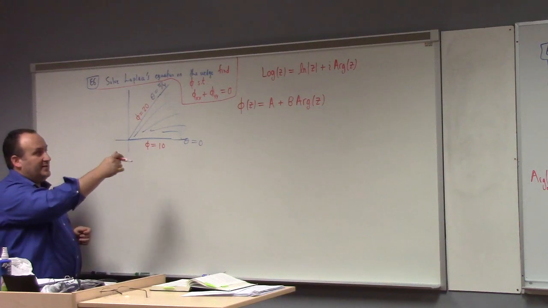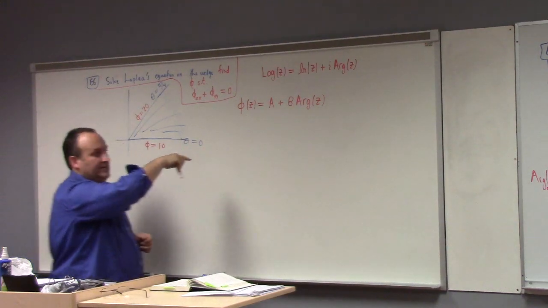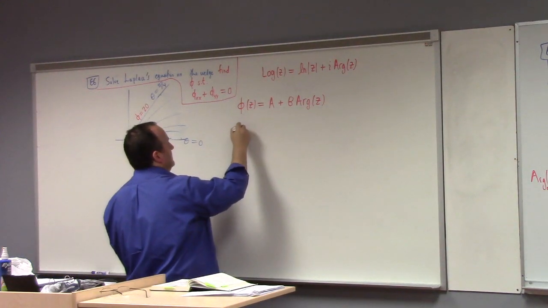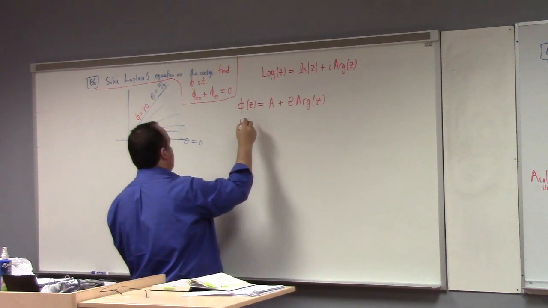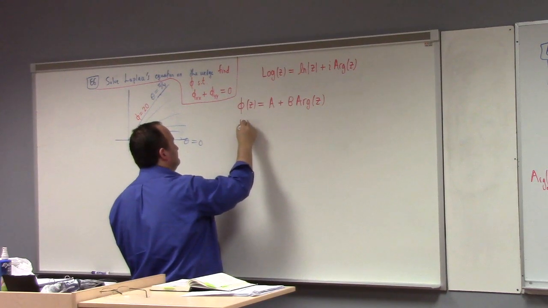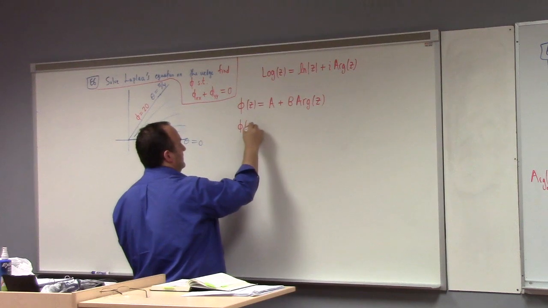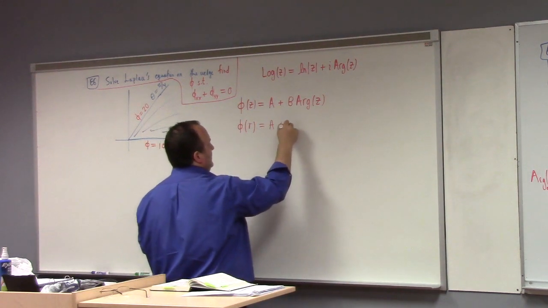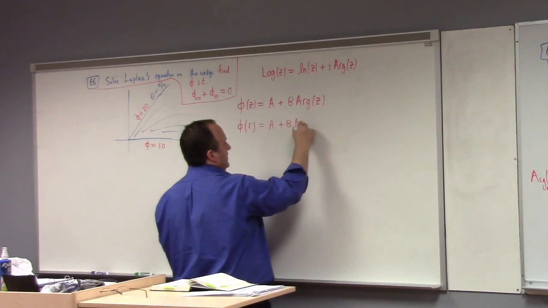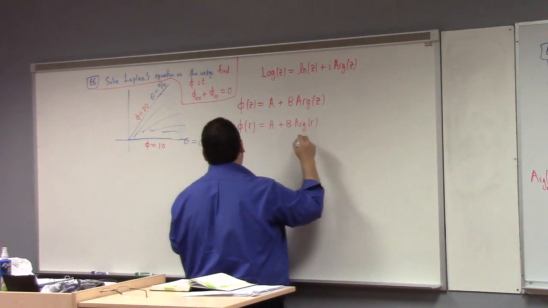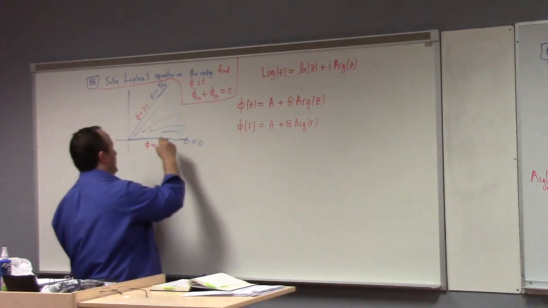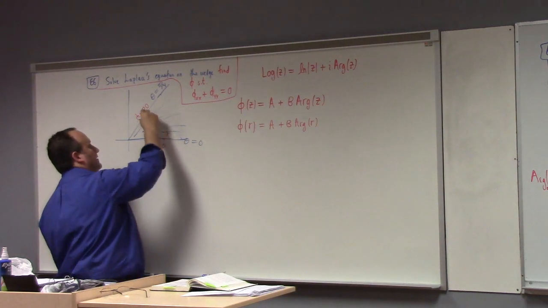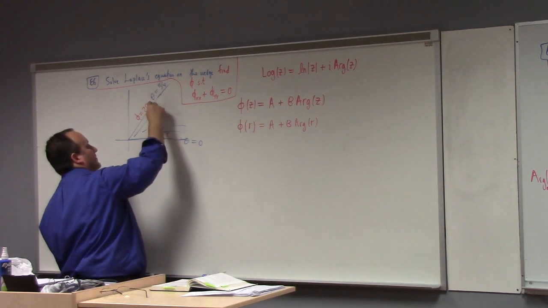But now we've got the freedom to fit this data. See, because we know that phi of R is equal to A plus B argument of R. And here I'm just saying this point down here is like R. This point up here would be R e to the i pi over 4.